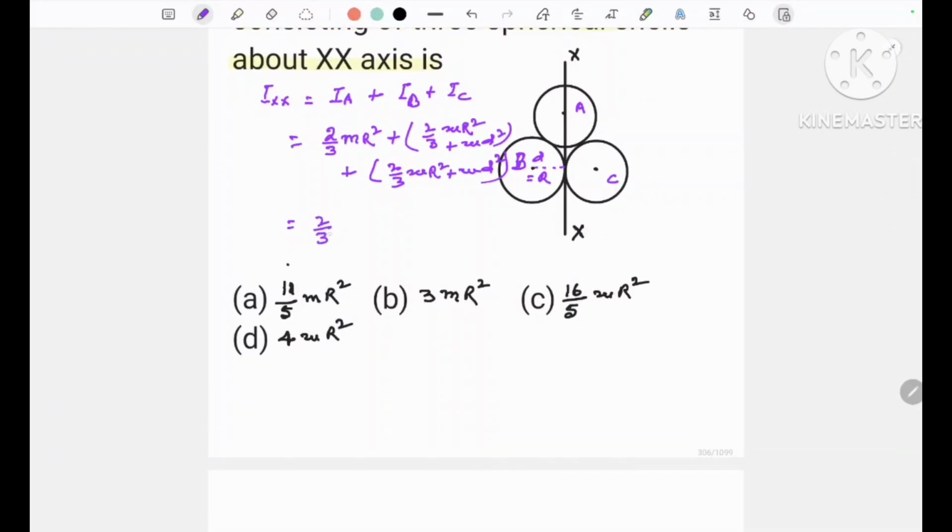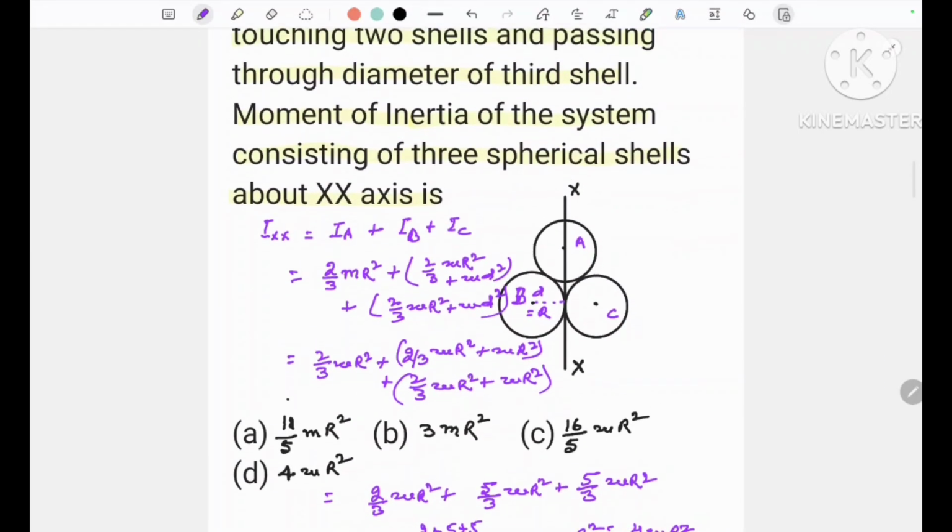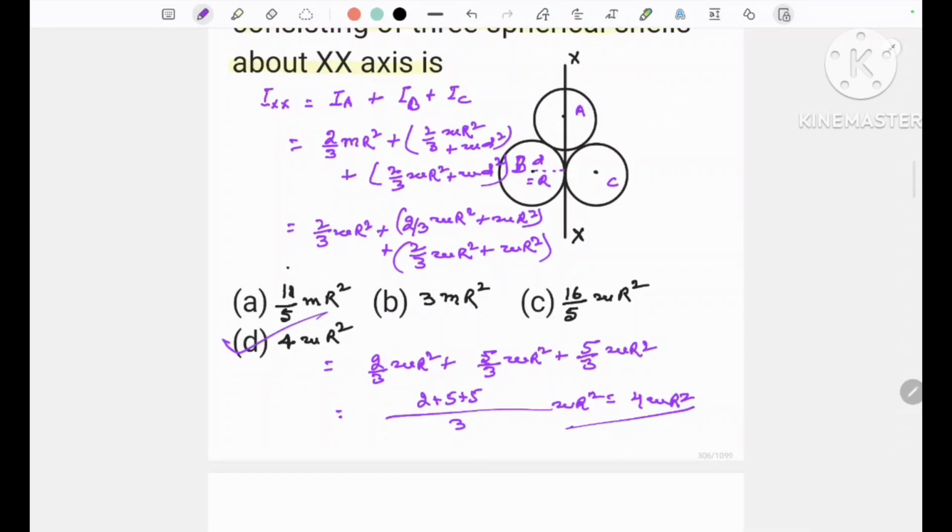So 2 by 3 m r square plus 2 by 3 m r square plus m r square plus 2 by 3 m r square plus m r square. 2 by 3 m r square plus 5 by 3 m r square plus 5 by 3 m r square. 2 plus 5 plus 5 by 3 m r square is 4 m r square. This D is correct option.